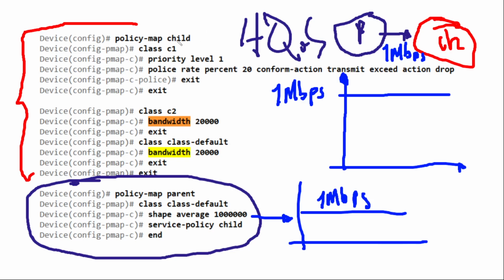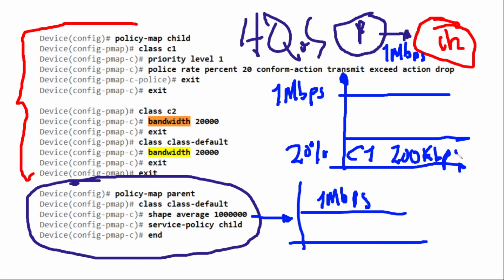Now, the child is going to try to allocate bandwidth according to this limit, and it's going to say, for instance, that C1 is going to be assigned 20% of this. So C1 will get 200 kilobits per second. And then it will try to assign 20 megabits per second for class C2 and 20 megabits per second for class default, because we are talking about an absolute value here, and this absolute value is given in kilobits per second.